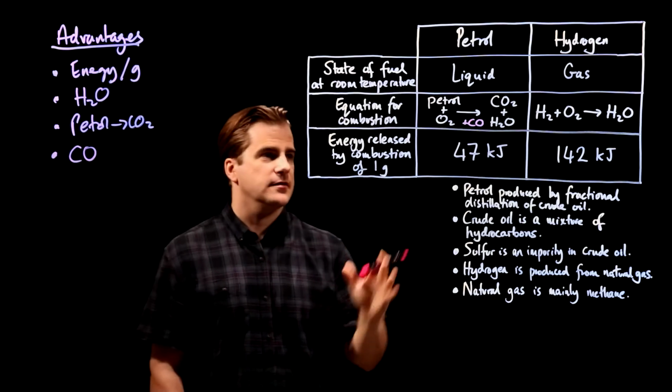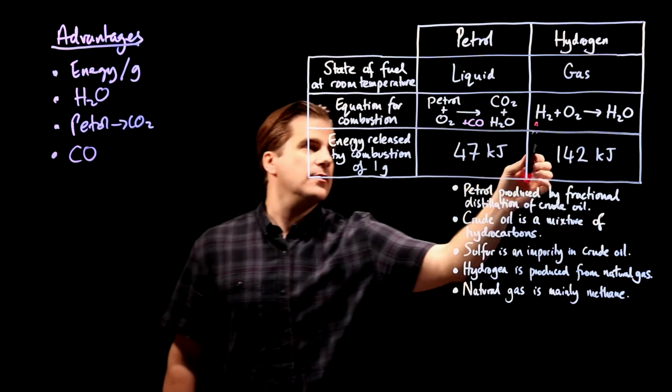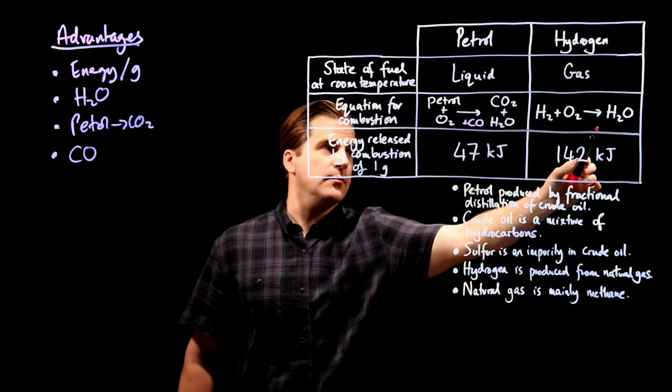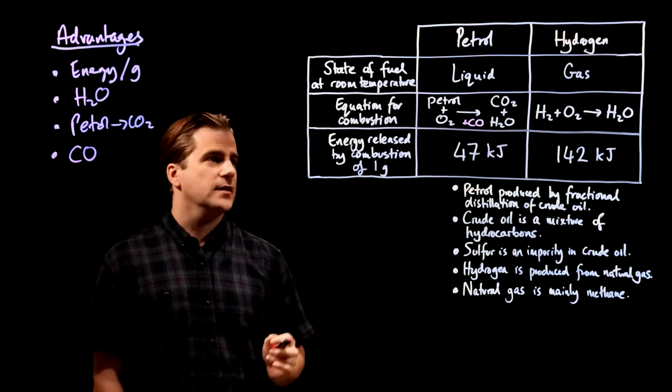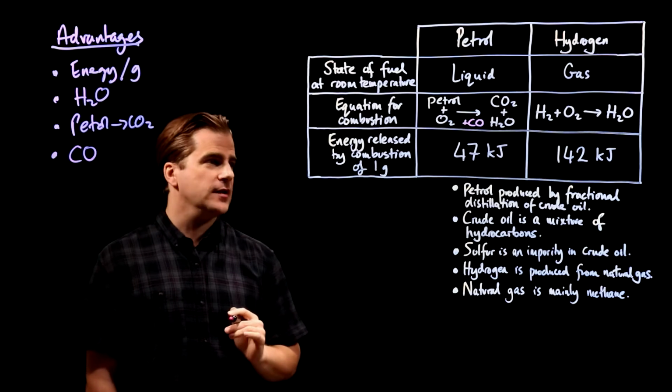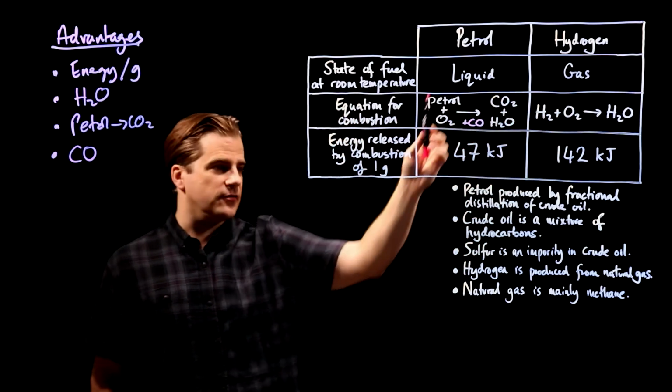So that's another advantage of hydrogen. You can't get carbon monoxide produced because there's no carbon on the left-hand side. Okay, what else can we say? I'll leave the top line for the moment. That's a disadvantage of hydrogen.